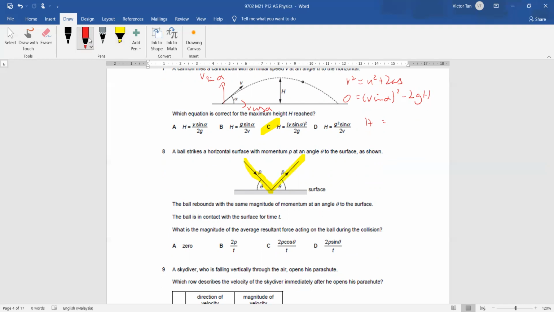Force is change in momentum over time. So we are taking this direction. So your force is final momentum sine theta minus initial momentum, which is in the opposite direction, over time. So the answer is 2p sine theta over t.